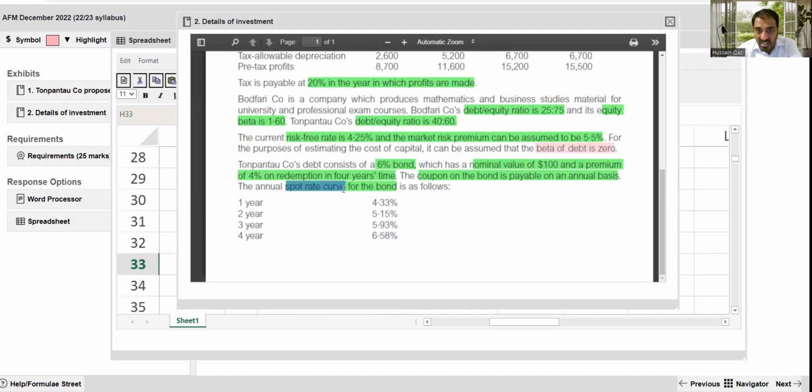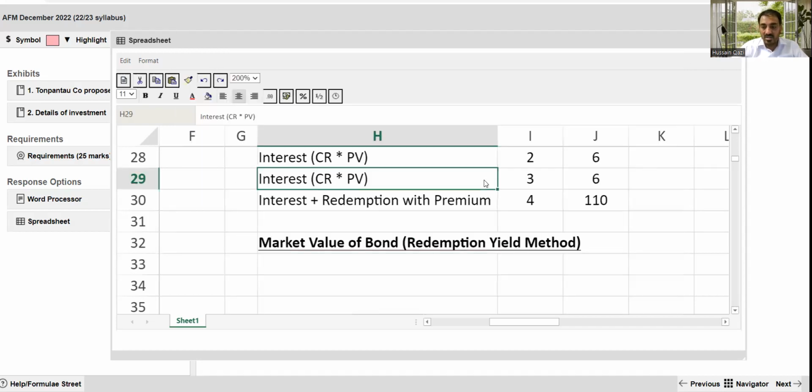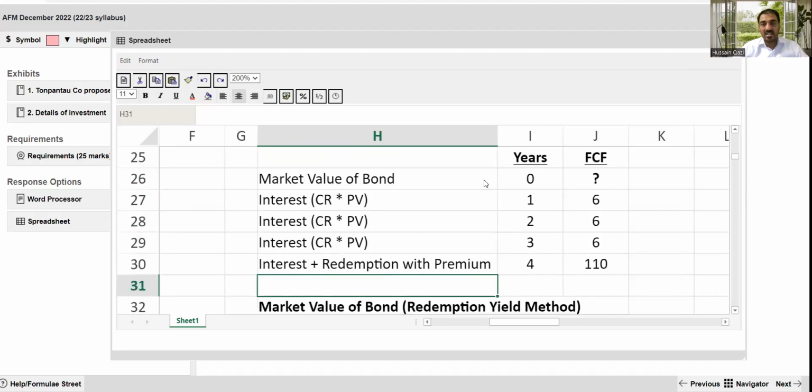This is the spot yield curve. We will use this spot yield curve to calculate the value of the bond. So first we need to calculate the value of the bond for the purpose of calculating the IRR.